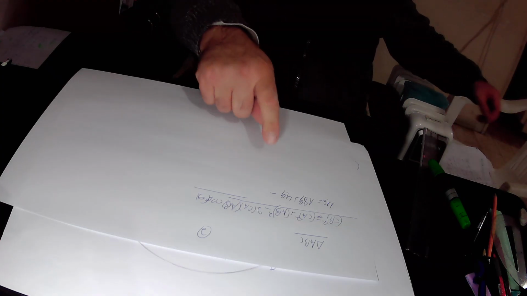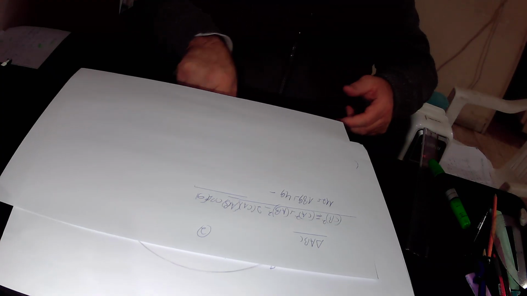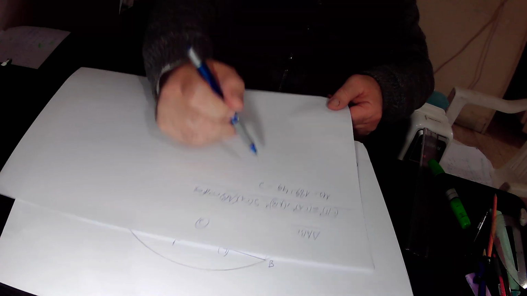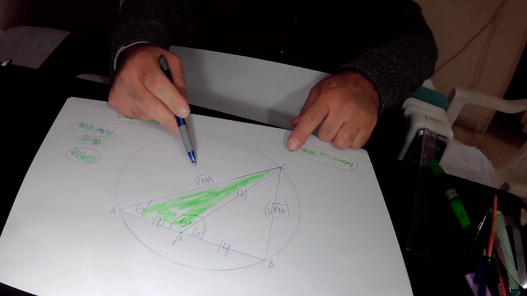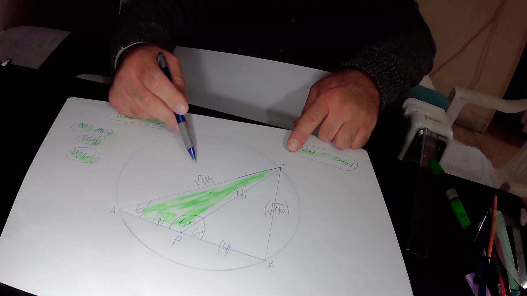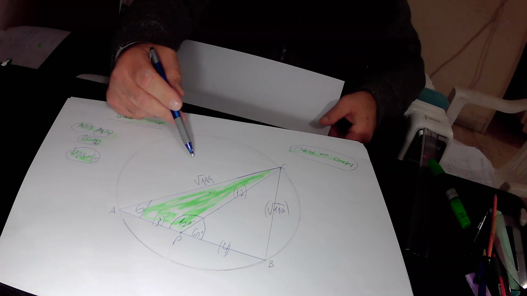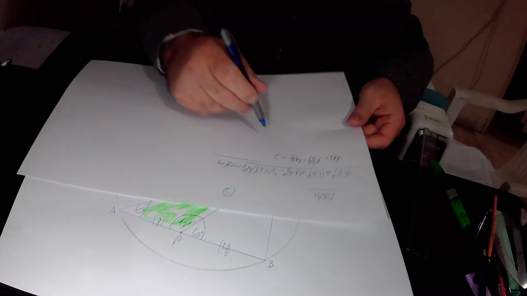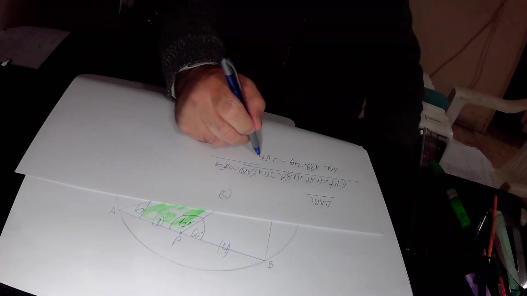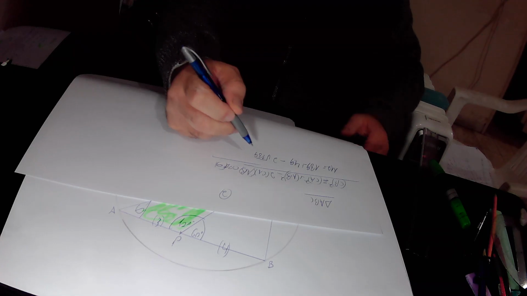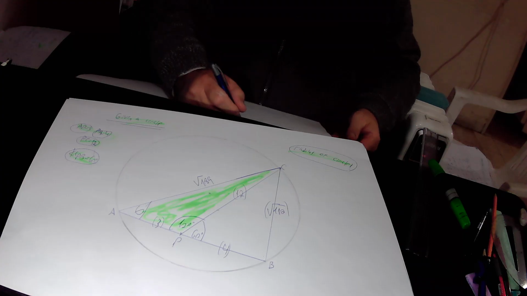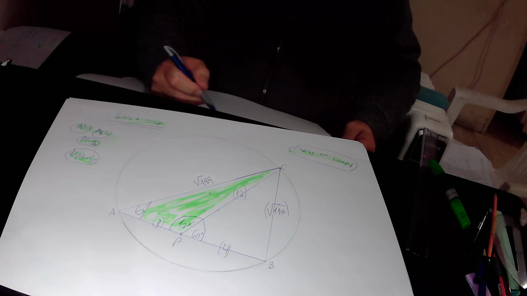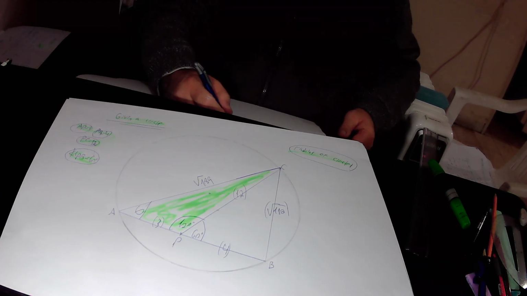So it is minus 2 times CA. CA is the square root of 189 times AB. AB is 7 times cosine alpha.